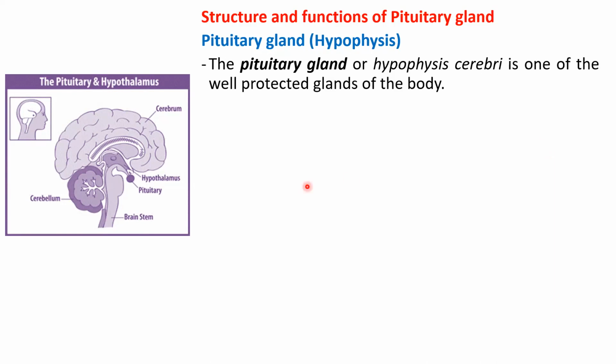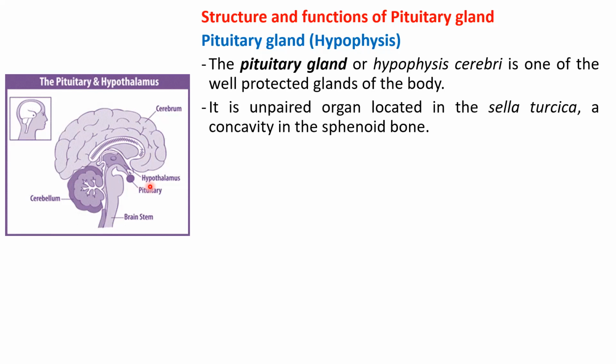If you see the location, the pituitary gland or hypophysis cerebri is one of the well protected glands of the body. It is an unpaired organ located in the sella turcica, a concavity in the sphenoid bone.